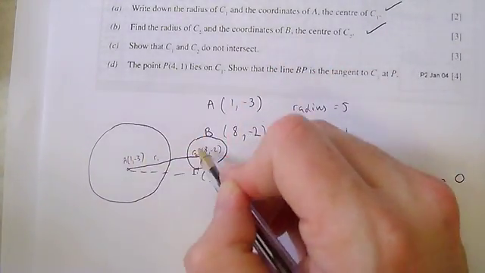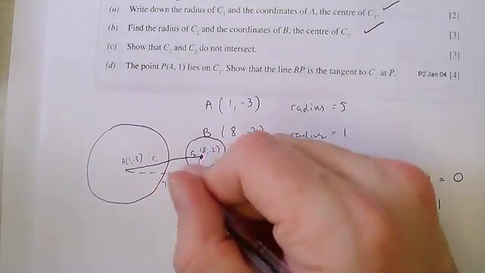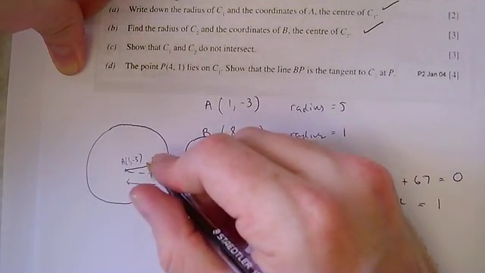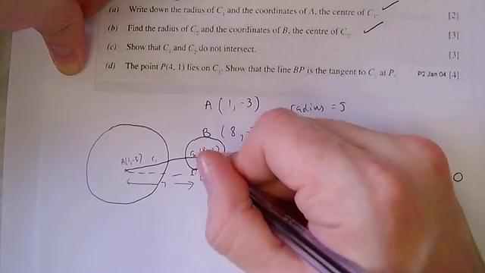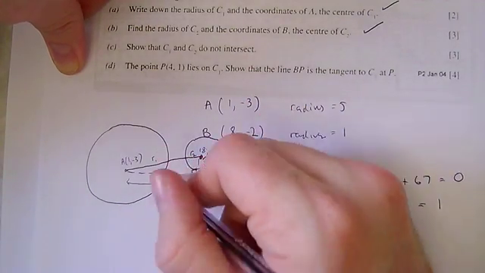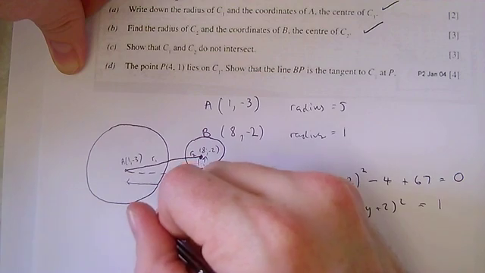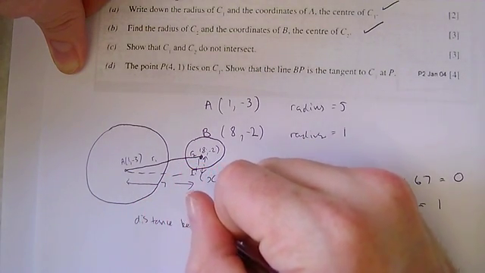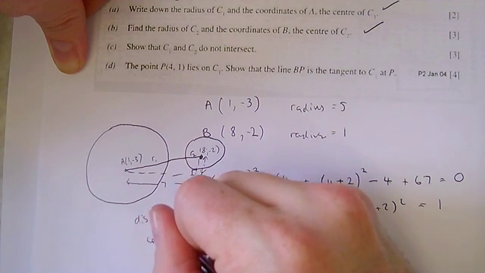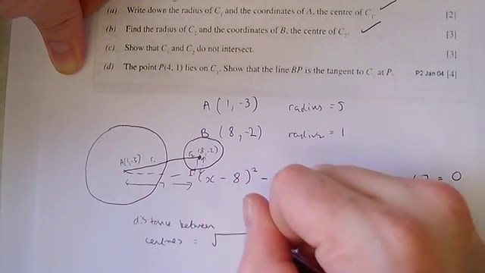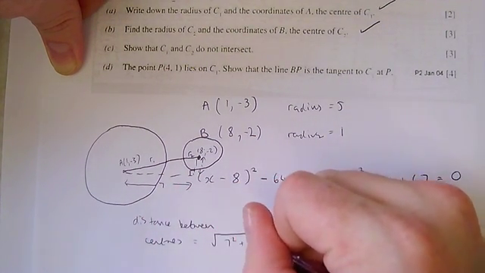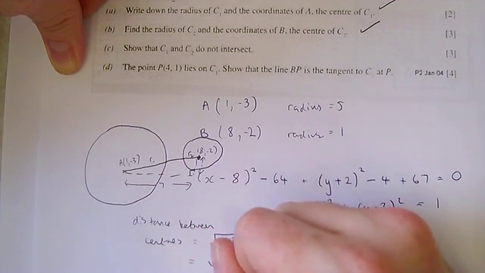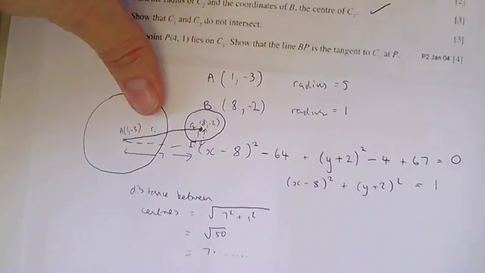So I've gone from 1 to 8, that's a distance of 7 in the horizontal. And then I've gone from minus 3 up to 2, so that's a distance of 1 in the vertical. So this length, so I'm going to say distance between centres is equal to the square root of 7 squared plus 1 squared, which is root 50, which is 7 point something. Okay?